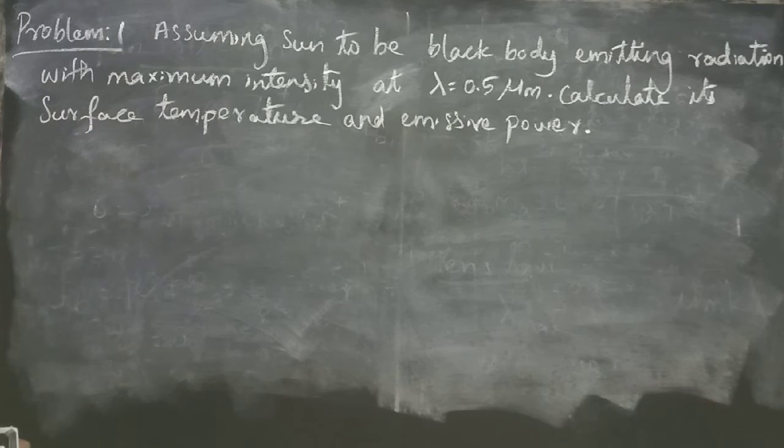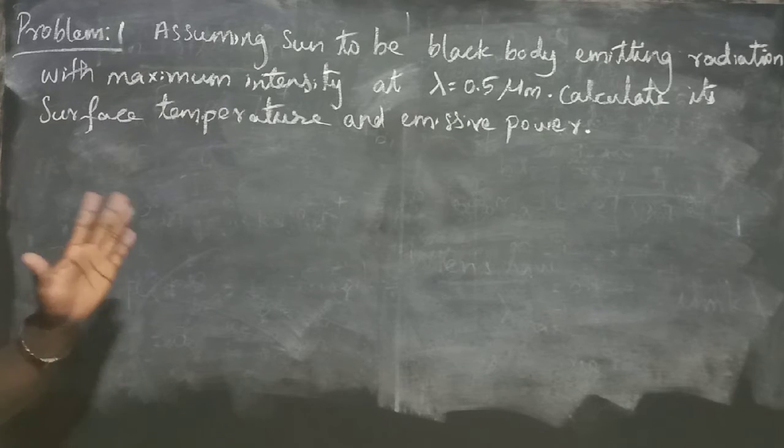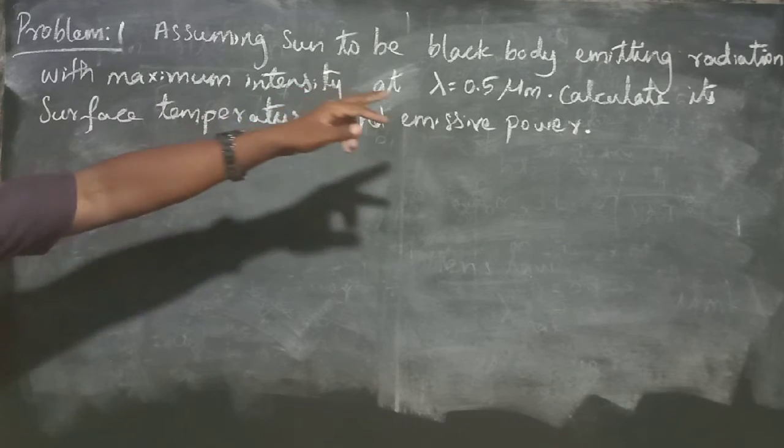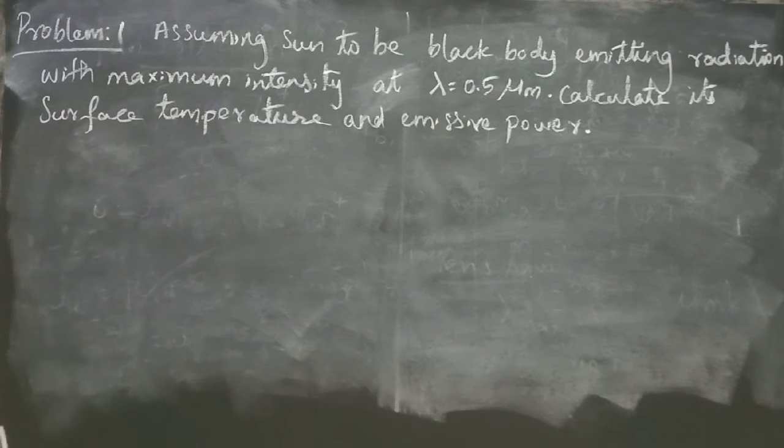Assuming the sun to be a black body, it is a black body radiation problem. Then what data are given?